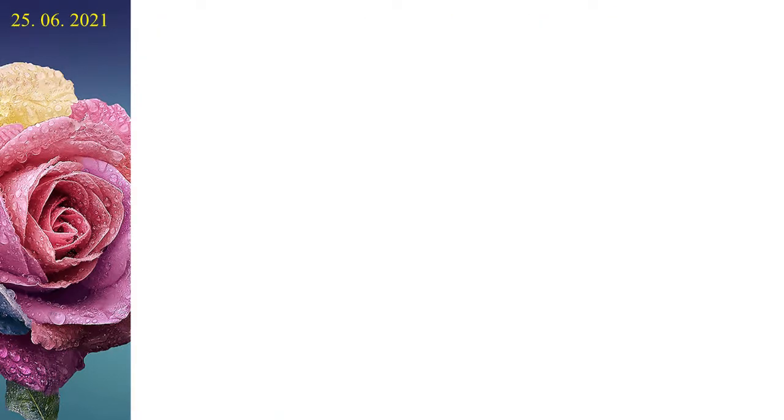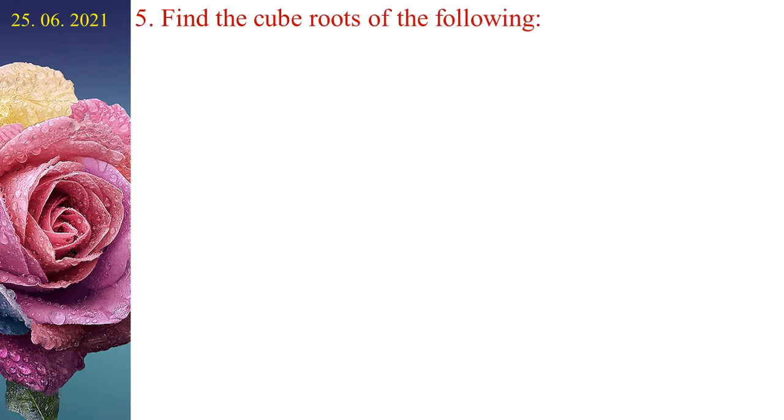Now we are going to learn about how to find the cube root of the product of integers. 125 into 27. First we are going to find the prime factors of 125 and 27 using prime factorization method. 125. Here the ones digit is 5.